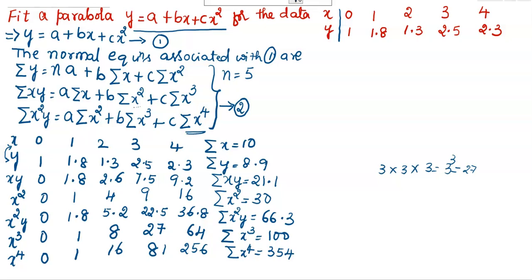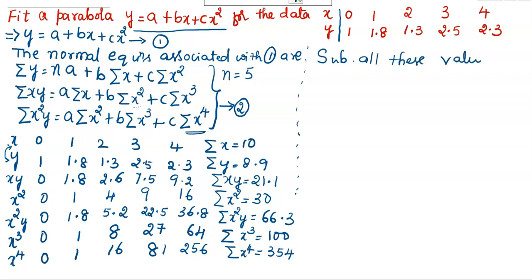So after finding all the respective sums, you have to substitute in the normal equation. So we are getting the simultaneous equations, right? So let me substitute all these data values in equation 1. So summation y is 8.9.